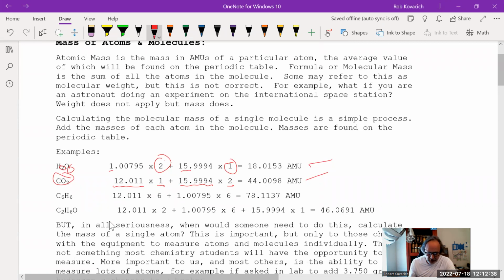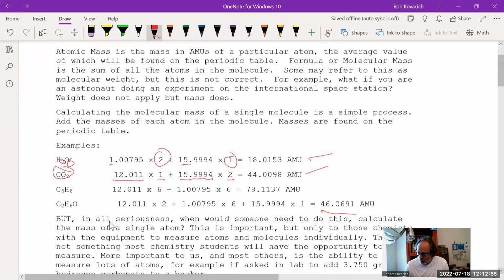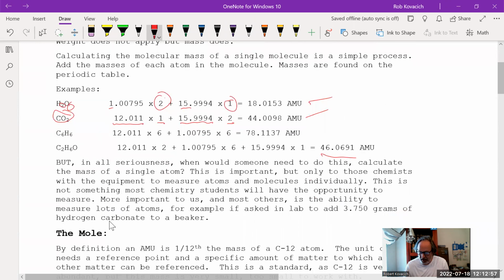This is benzene. There are 6 carbons and there are 6 hydrogens. And if I do the math on that, I end up with this 78 value. And then here's an ethanol molecule. There's 2 carbons and 6 hydrogens and a single oxygen. So I get this mass of 46.0691 for a single molecule of ethanol.